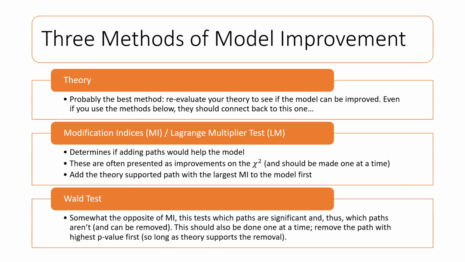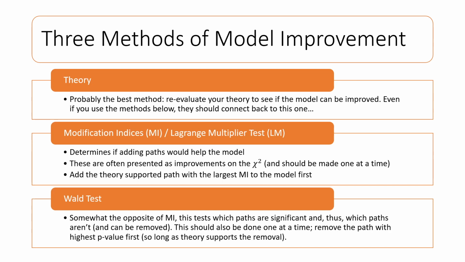If theoretically that removal doesn't make sense, you leave it in the model, even if it would improve the model to take it out. If theoretically that does make sense, you look at this and you say, oh my God, I can't believe I put that in there, then you can take that out and feel justified in doing that. But again, it goes back to theory.